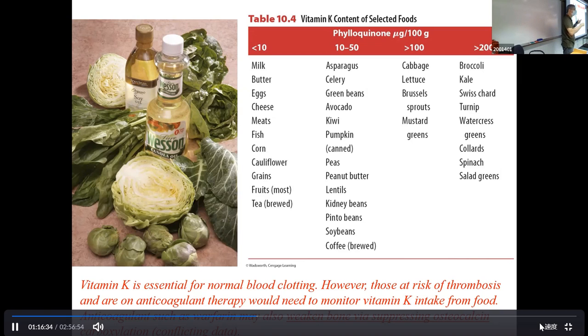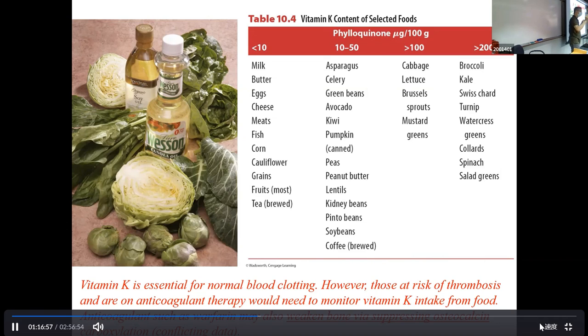So that's why certain people, if they are on anticoagulant therapy, have to avoid taking in vitamin K rich food. Anticoagulants such as warfarin, one of the common names for anticoagulant therapy, may also weaken bone.